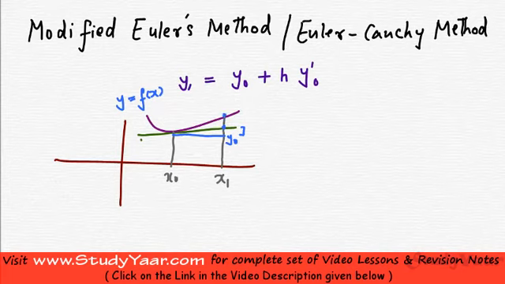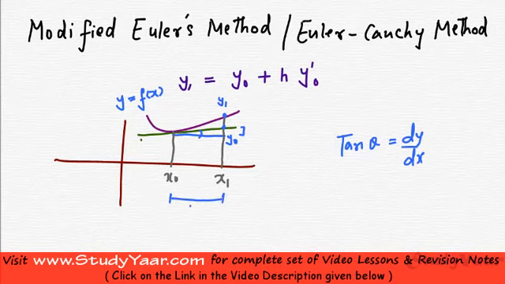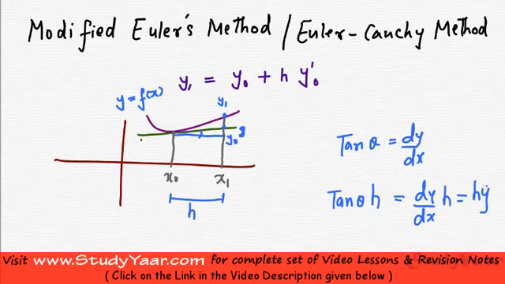Although the exact value of y1 is over here, my approximate value of y1 is going to be y0 plus this, which is tan theta or dy by dx, and this distance is your h. So this is tan theta into h, which is dy by dx into h, which is h into y dash.